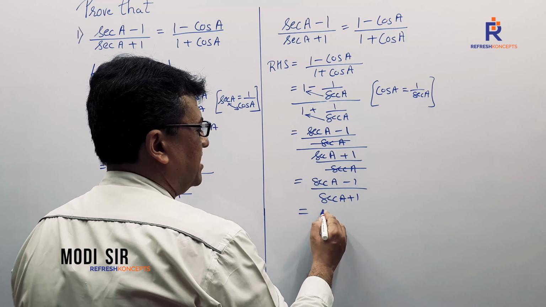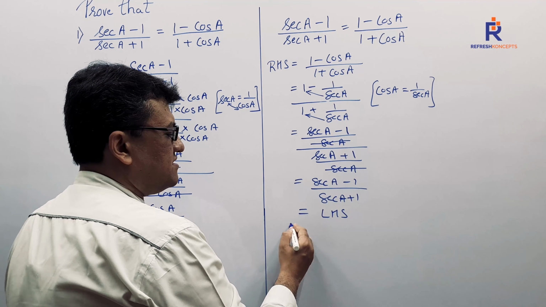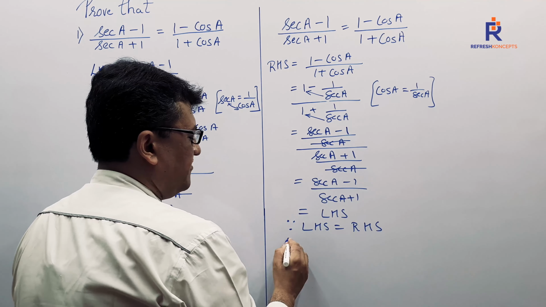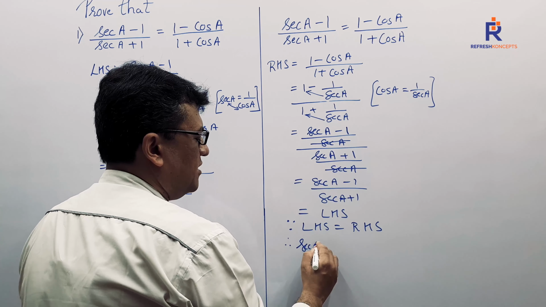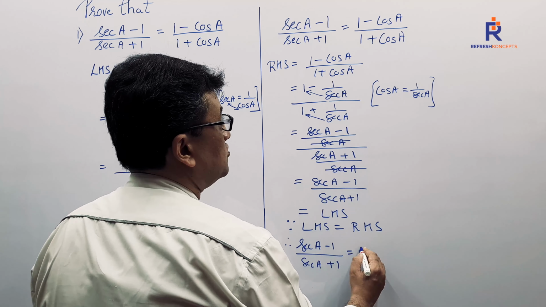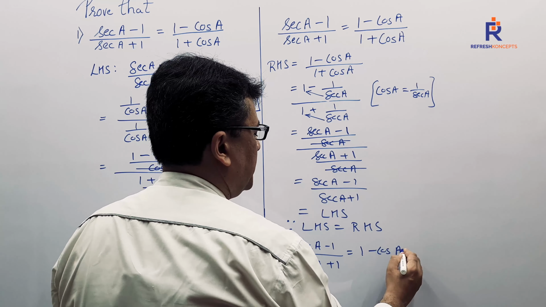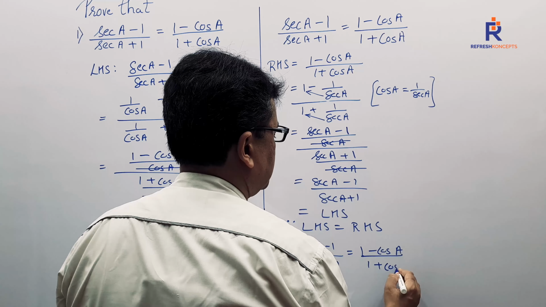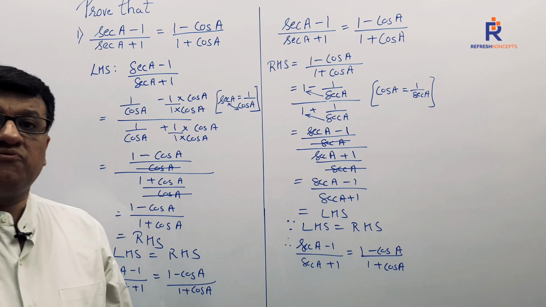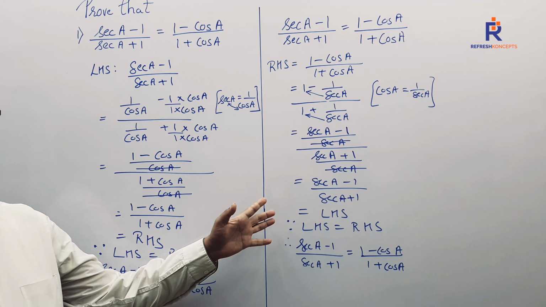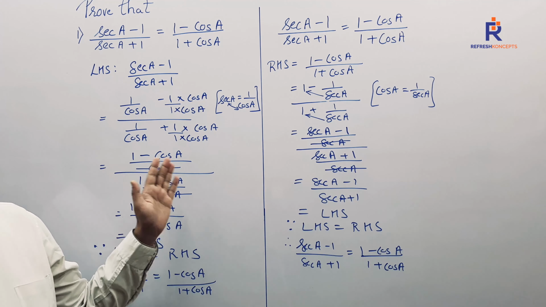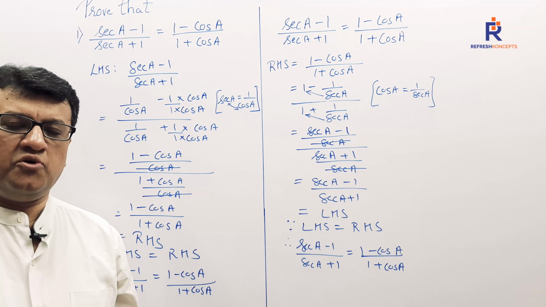So since LHS is equal to RHS, we write down the entire question: sec A minus 1 upon sec A plus 1 is equal to 1 minus cos A upon 1 plus cos A. In the very first sum, a simple beginner sum, we have seen both ways, LHS to RHS and RHS to LHS. I hope you have understood this.